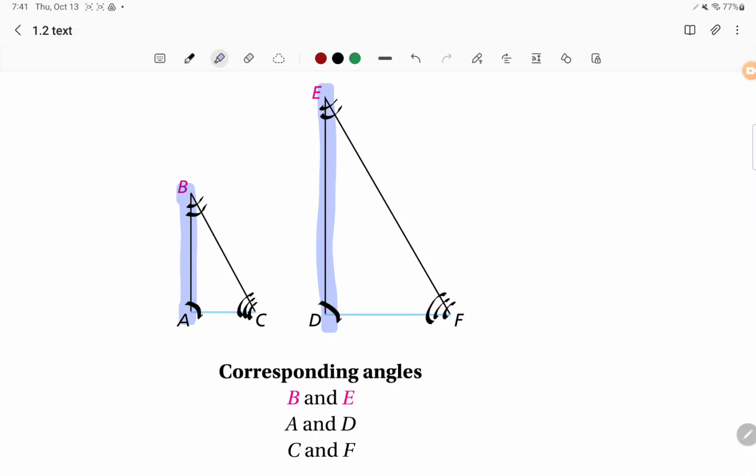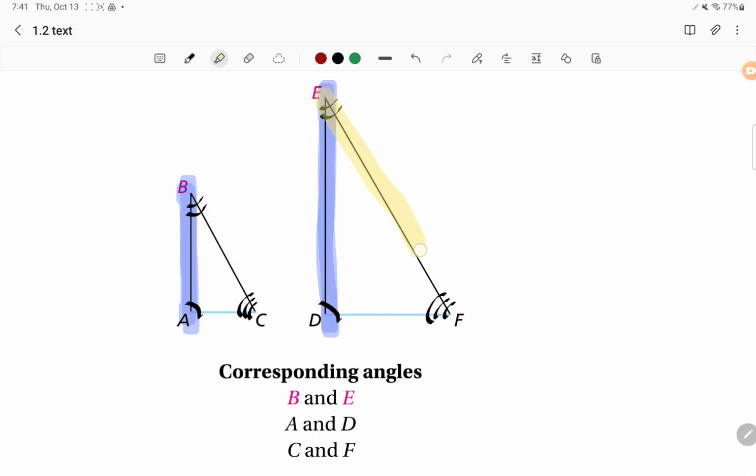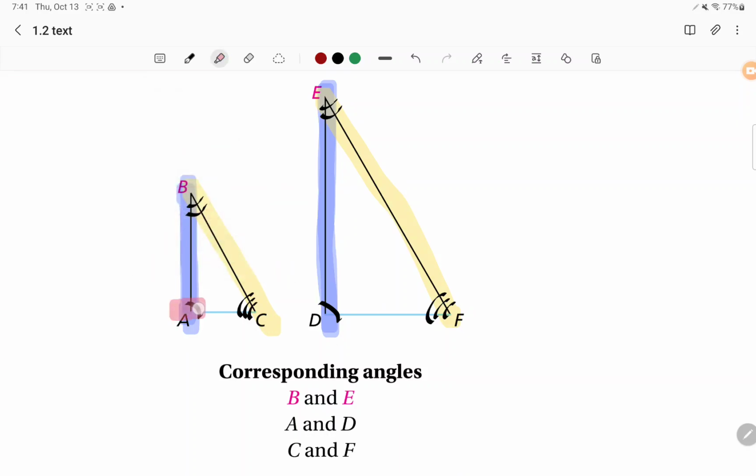So ED is similar to BA, and we're going to look at the relationship between those sides. Also, the other sides: EF is similar to BC. And lastly, AC and DF are similar.